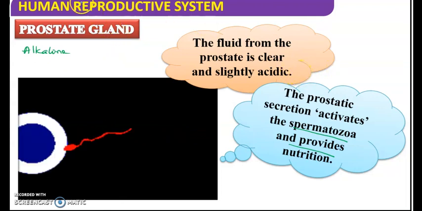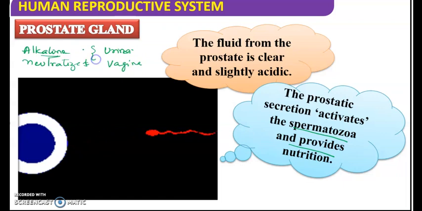Seminal vesicle fluids are alkaline because they neutralize the acidic environment of the urine, and also of the female vagina. So that is neutralized by the alkaline nature of the fluid coming from the seminal vesicles. Whereas the prostate gland fluid is acidic.